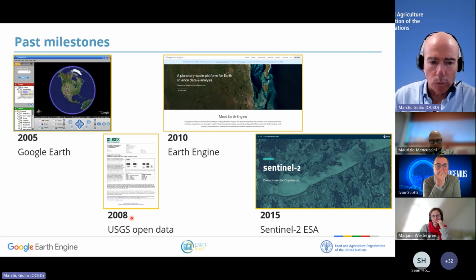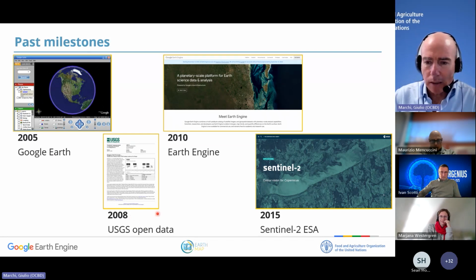Then the full Landsat archive was opened in 2008 by the US Geological Survey. The price for each Landsat image went from $700 to a few $1,000 to zero, but the usability was still an issue.